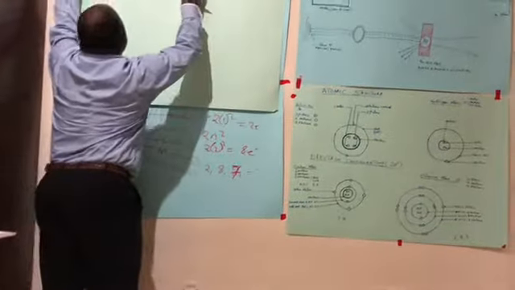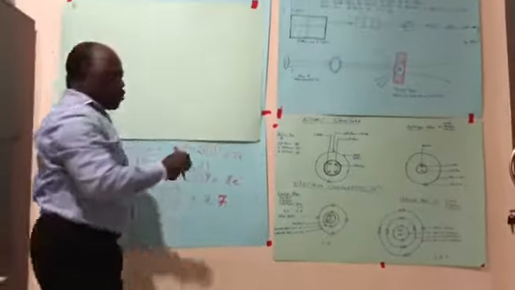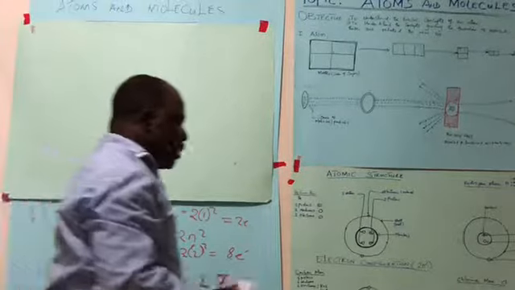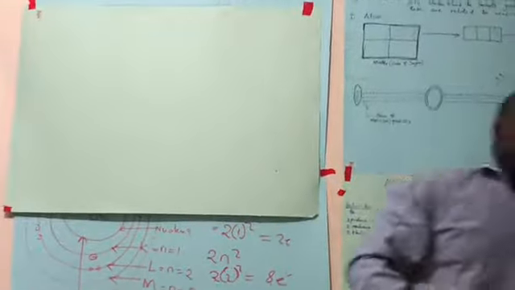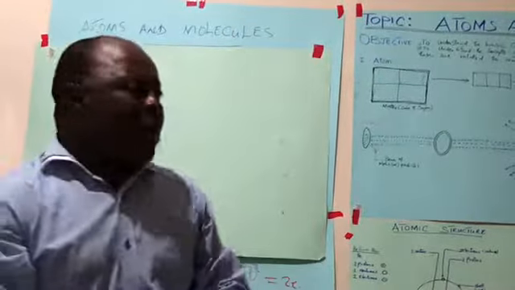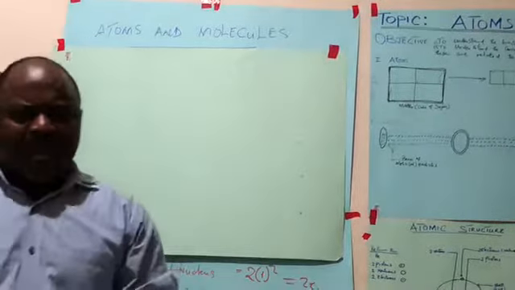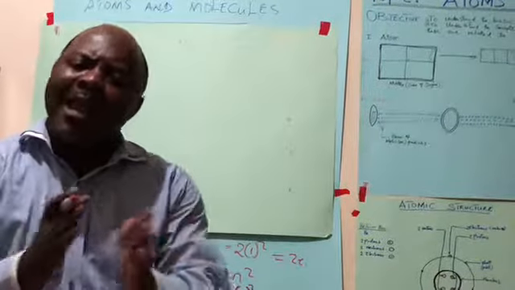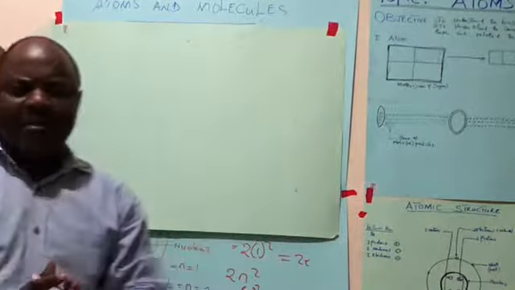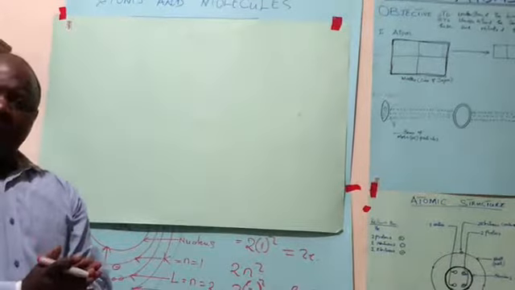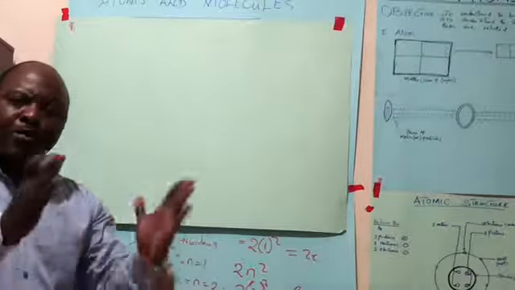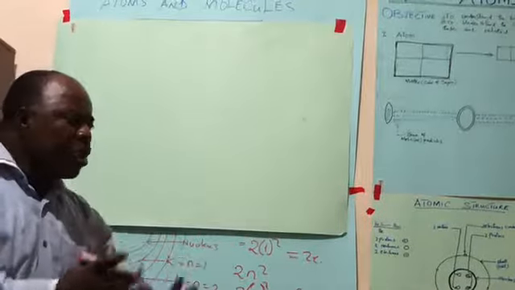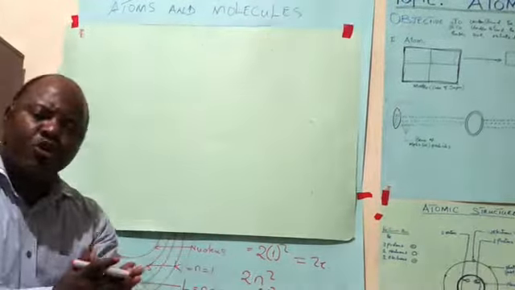A molecule is a combination of atoms of the same element or different elements. Atoms of the same element can come together to form a molecule. Atoms of different elements can as well come together to form a molecule.